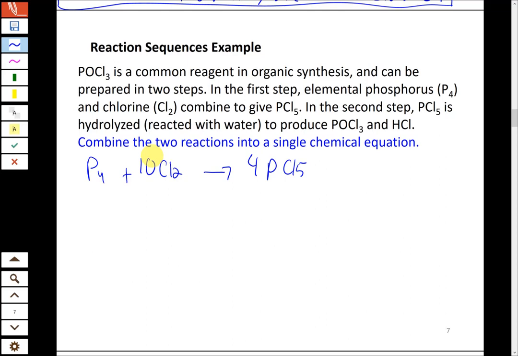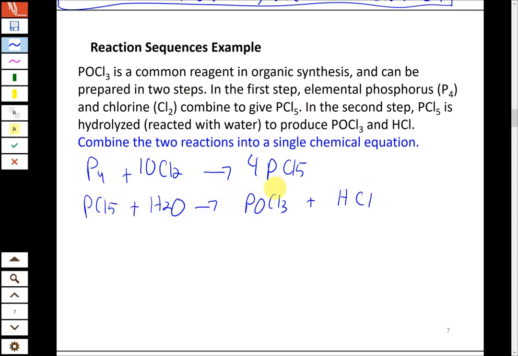And then for the second step, we're going to take that PCl5 and combine it with water. That's what hydrolyzing means, react with water, to make this compound and HCl. To balance this one, we have to see what we have going on here. Phosphorus is already balanced, oxygen is already balanced.